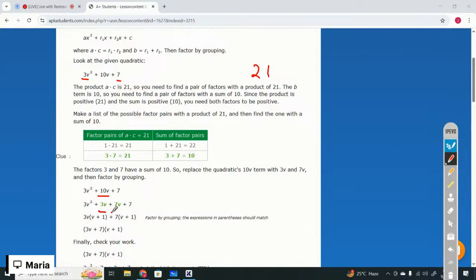So 3v plus 7v makes 10 and 3 times 7 is 21. So we have 3v common, 3v times v plus 1 plus 7 times v plus 1. So v plus 1 times 3v plus 7.